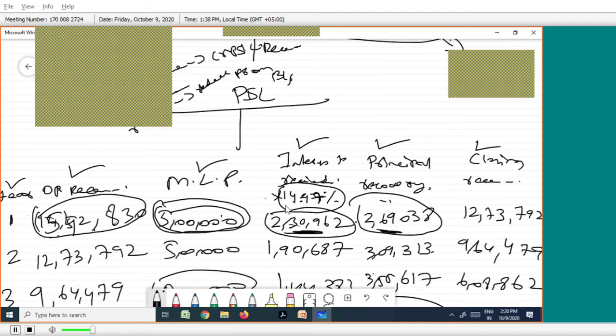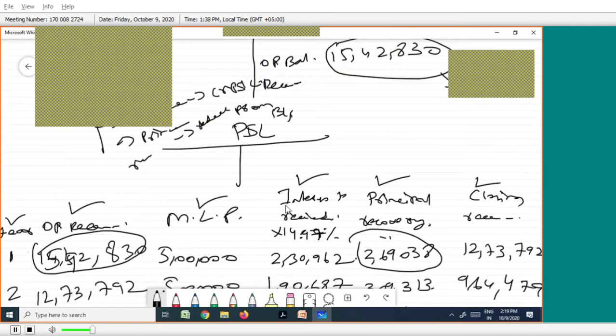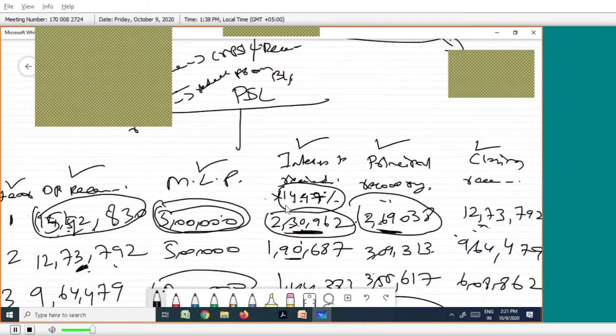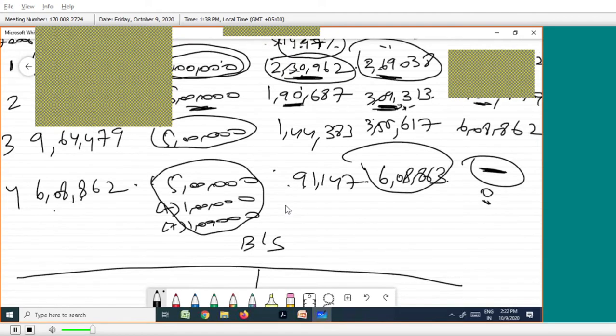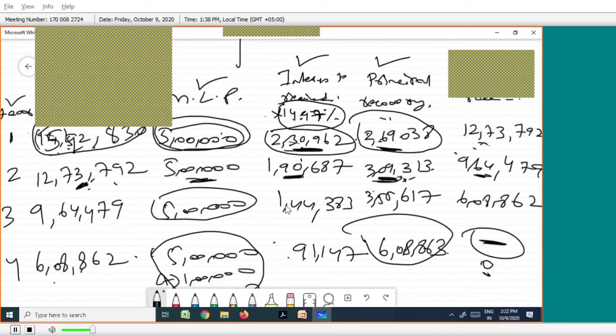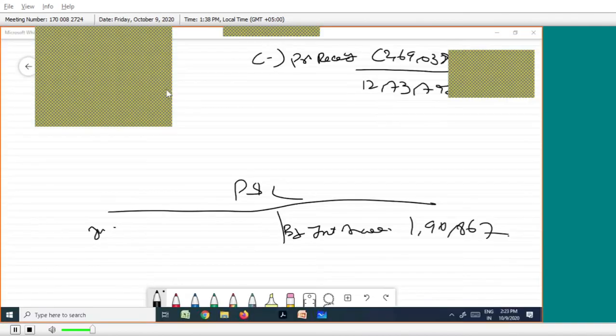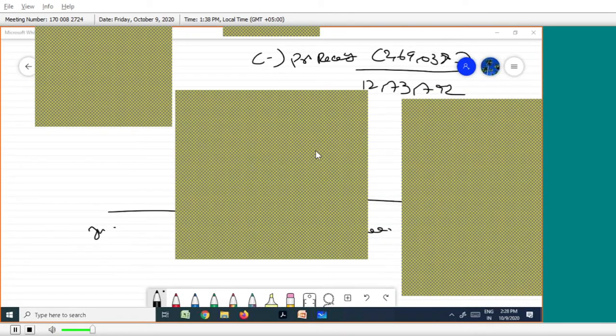Total MLP, how much is interest income and how much is my principal recovery? 2,69,038 is my principal recovery. Shall I proceed further?